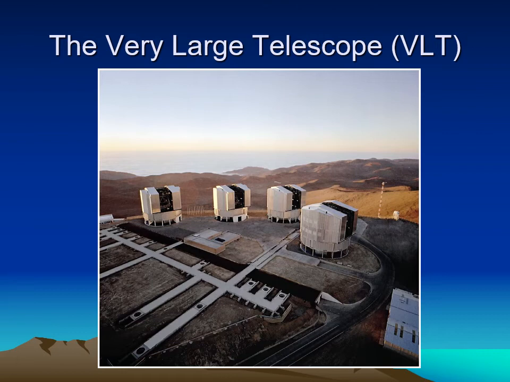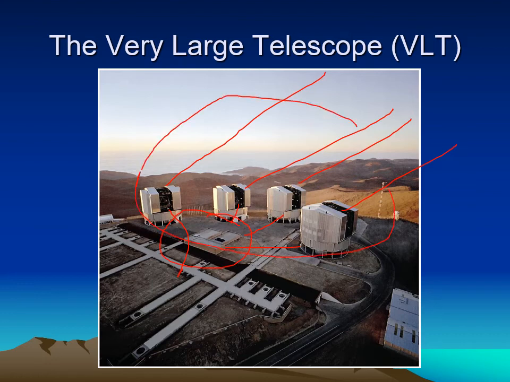They can look at 4 different things, or they can all look at one object, and so they all look at the same object up here and combine all the light together to one place and act like one very large telescope. And so what would you call such a facility? The Very Large Telescope, obviously.